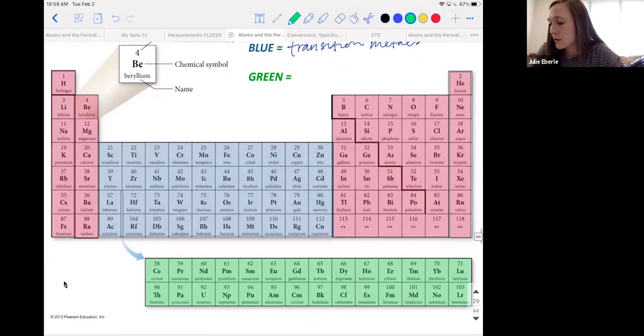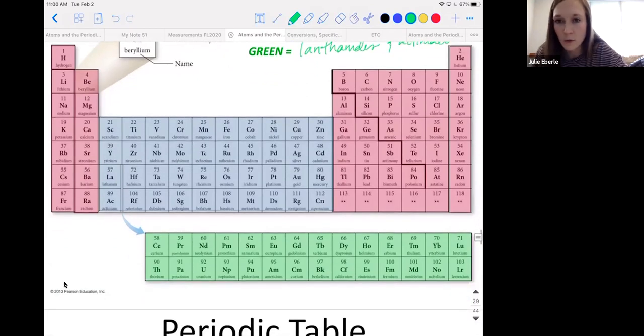Okay, green. Anybody know what the green section's called? Lanthanides and actinides. We are not going to really spend any time talking about the lanthanides and actinides. What we just said is probably the most we'll talk about those elements.